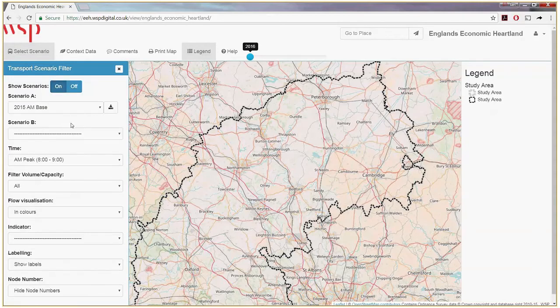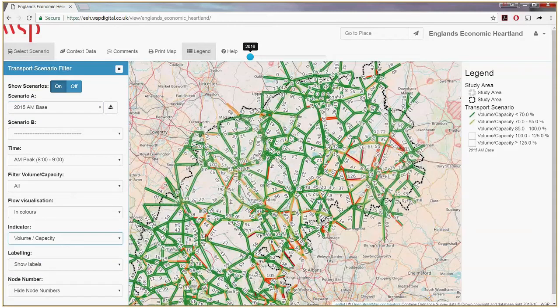So we've got a bespoke transport model interface in ProjectView to keep that situation under control. So you pick your scenario, pick what you want to see, and ProjectView will retrieve that data for you and put it on the map.